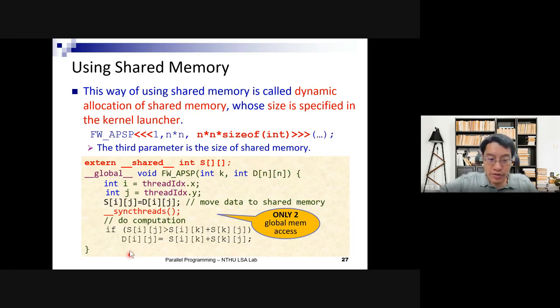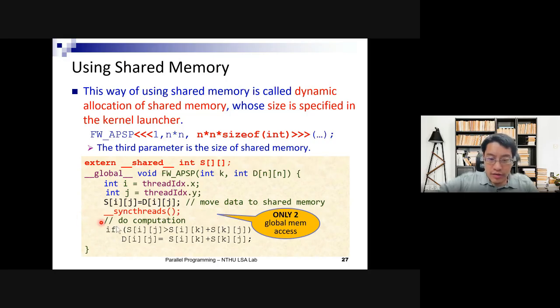For example, thread ij will try to access the data stored in S ik and S kj, and ik, kj, and ij are all different threads. So you have to make sure the whole matrix has been loaded to the shared memory before you can do this random access behavior among the threads. So we have to apply a syncthreads API here.